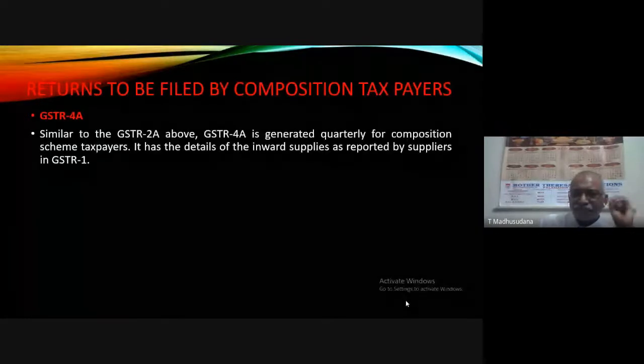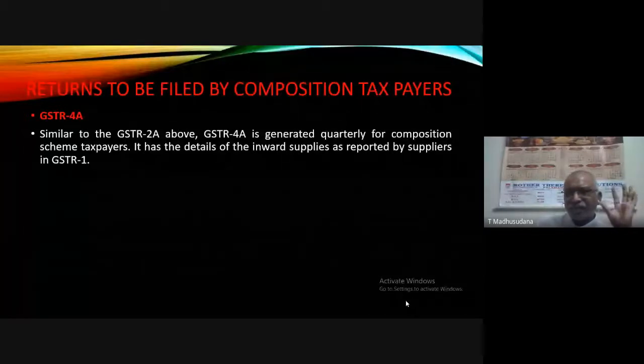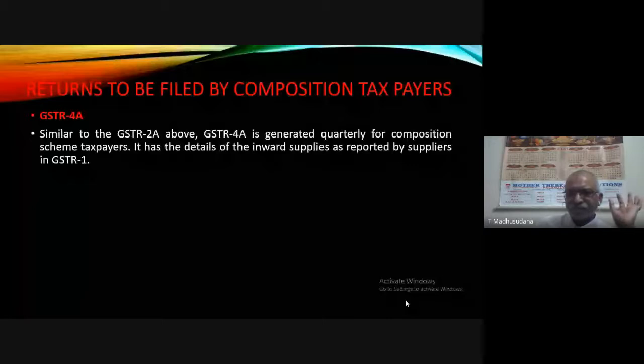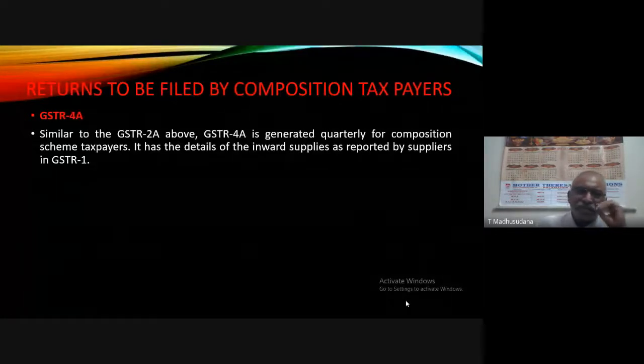They just submit quarterly returns to the government, and that is more than enough. Monthly returns are not necessarily submitted by the composition taxpayers. The first form to be filed by the composition taxpayers is GSTR 4A.